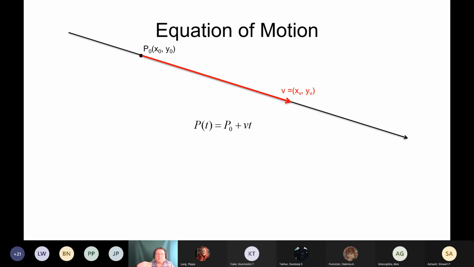If I am moving with the speed 5 meters per second, for example, then the velocity vector will show some kind of direction, but the magnitude of this velocity vector will, of course, be 5. If 5 meters per second is my speed, then the magnitude of the vector is 5.